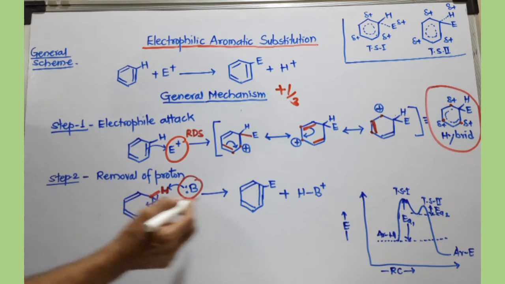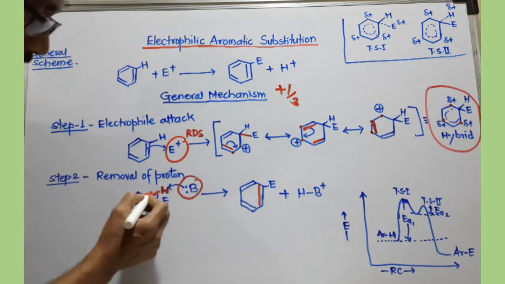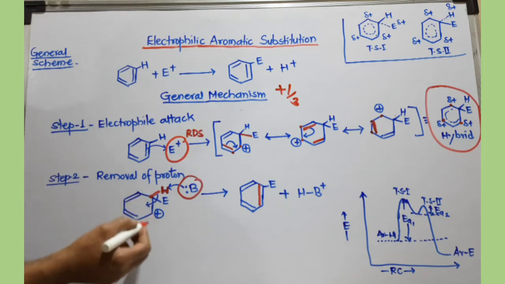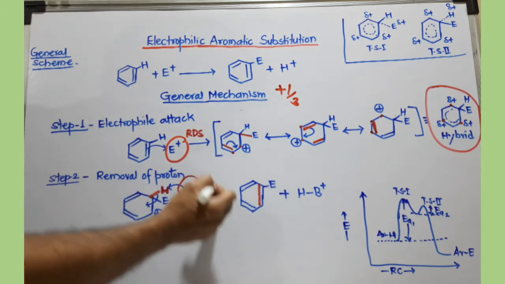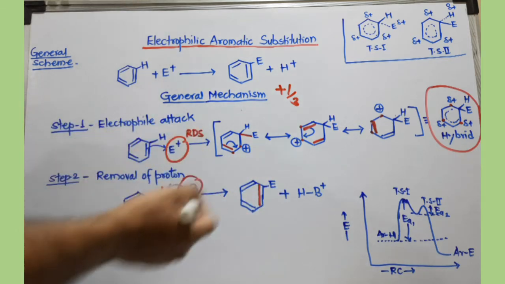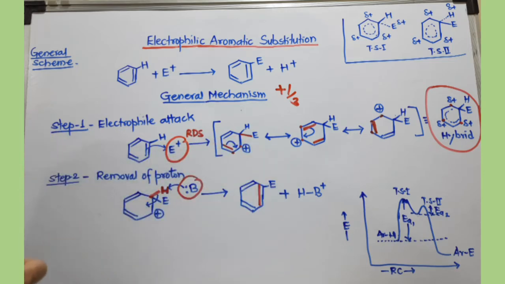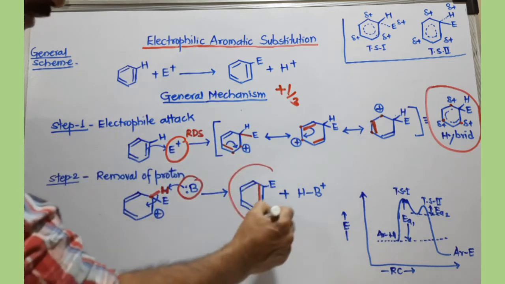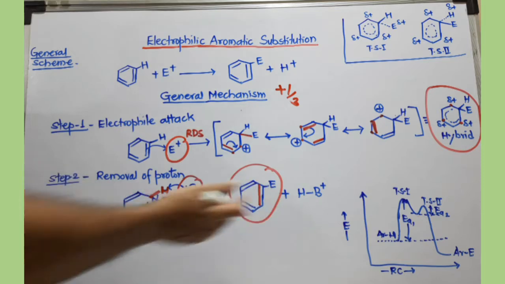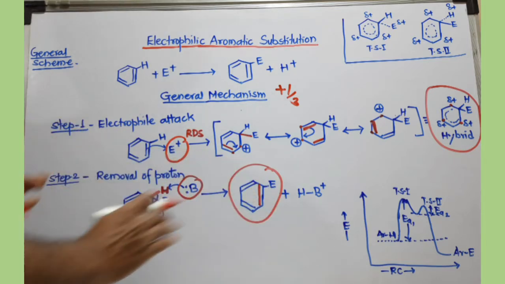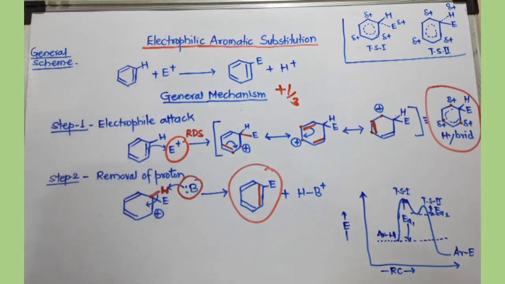So this bond is moving inside to form an aromatic center, to form that 6 pi electron system. So once that 6 pi electron system is regained, stability is regained. So this is a driving force. So step 2 is a fast step.